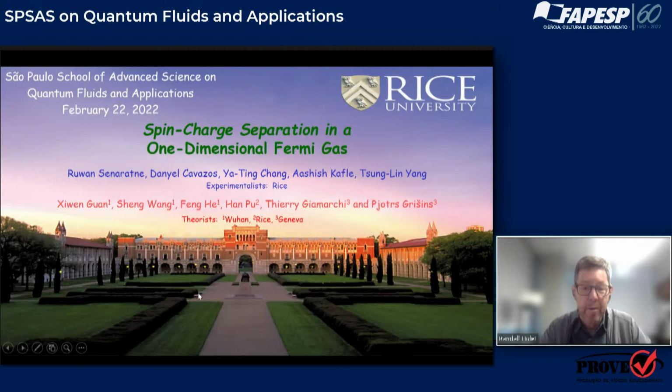So by the way, in case you're wondering, this is a picture of the inner quad at Rice. So this is the first building on campus. The second building was a physics building, and that's this one. It's no longer a physics building, it's too old, but it's a beautiful old structure and has some great lecture halls in it.